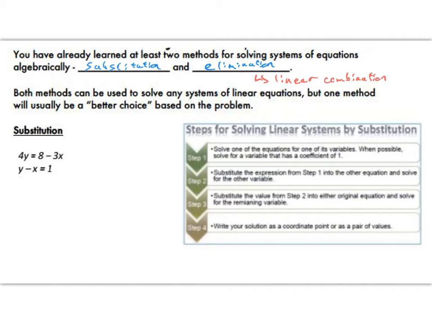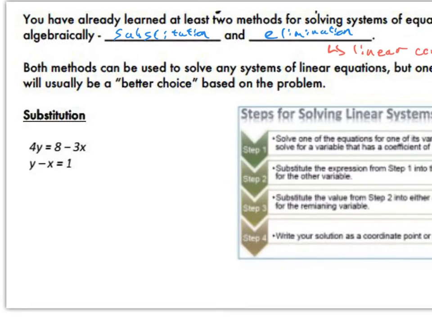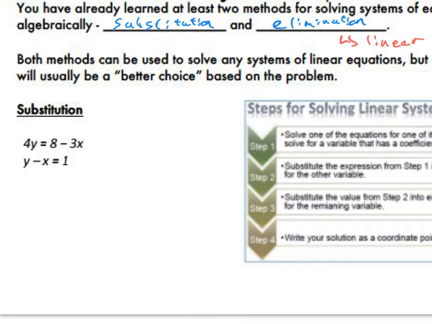So as I bring this to our attention here, we've got this substitution situation where we've got 4y is equal to 8 minus 3x, and y minus x is equal to 1.